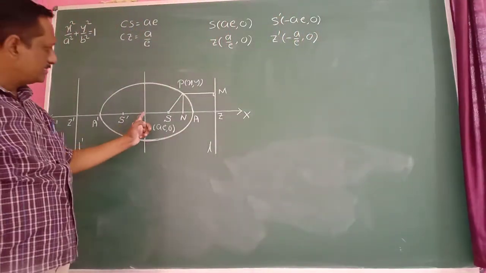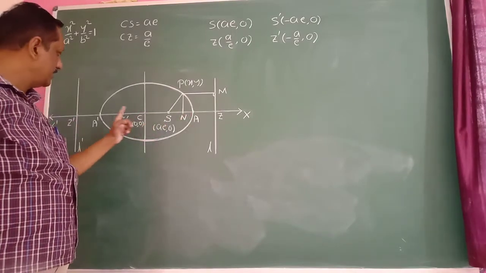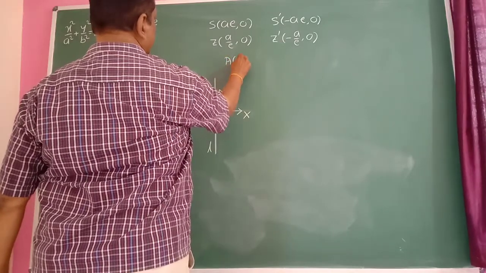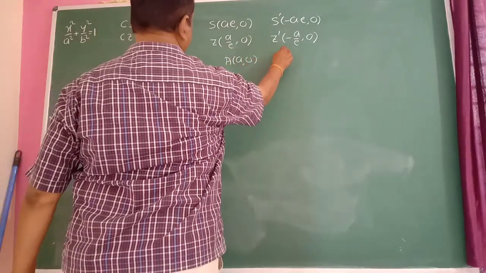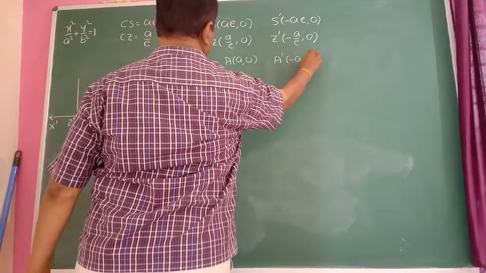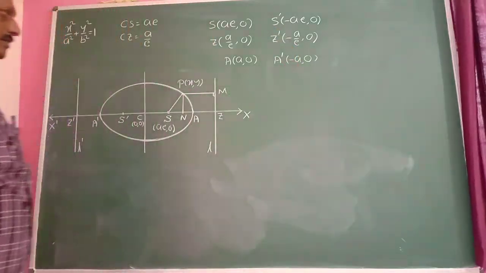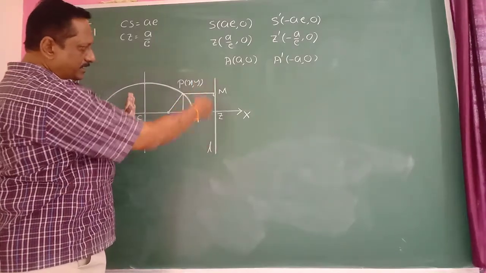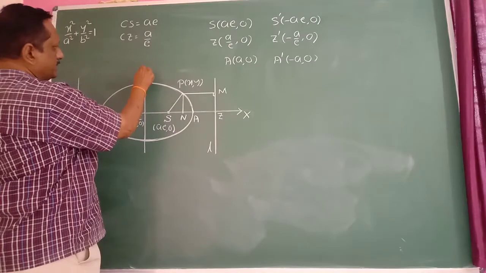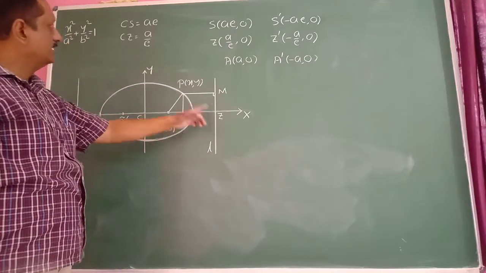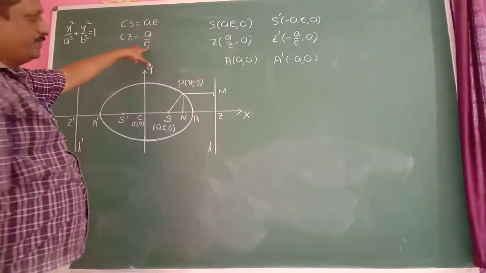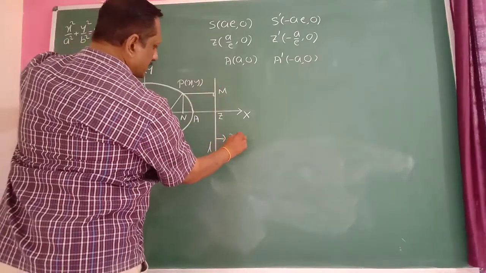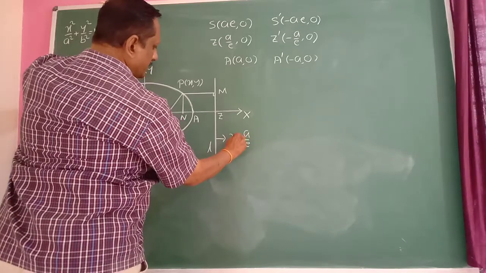And you know this distance CA is a unit, CA dash is also a unit. Therefore, the coordinate of the point A is a comma 0 and A dash is minus a comma 0. And you know the directrix here is parallel to the y-axis, at a distance a upon e from the y-axis. Therefore, the equation of this directrix is x is equal to a upon e.